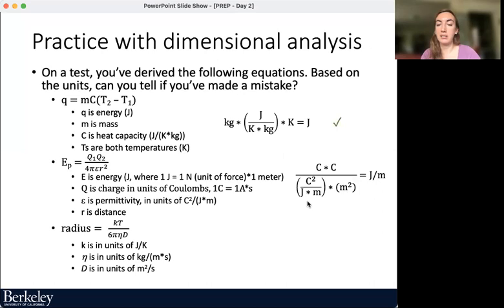So our final right-hand side units are joules per meter. But we wanted our units only in joules. And so the left-hand side and the right-hand side don't have the same units, and so this equation doesn't work. Does that make sense?